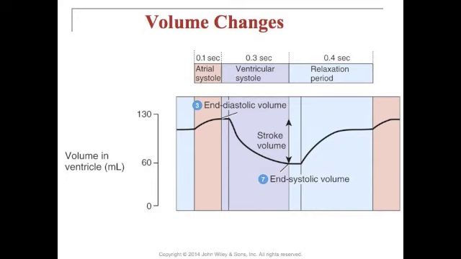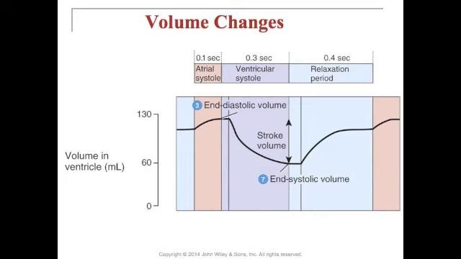And then at number 7, the left ventricle ejects about 70 milliliters of blood into the aorta, and the right ventricle ejects about the same volume of blood into the pulmonary trunk. The volume remaining in each ventricle at the end of the systole is about 60 milliliters.